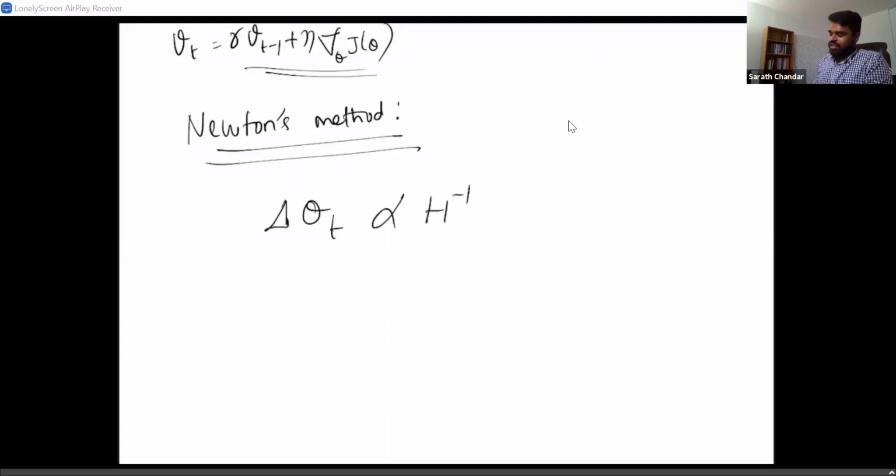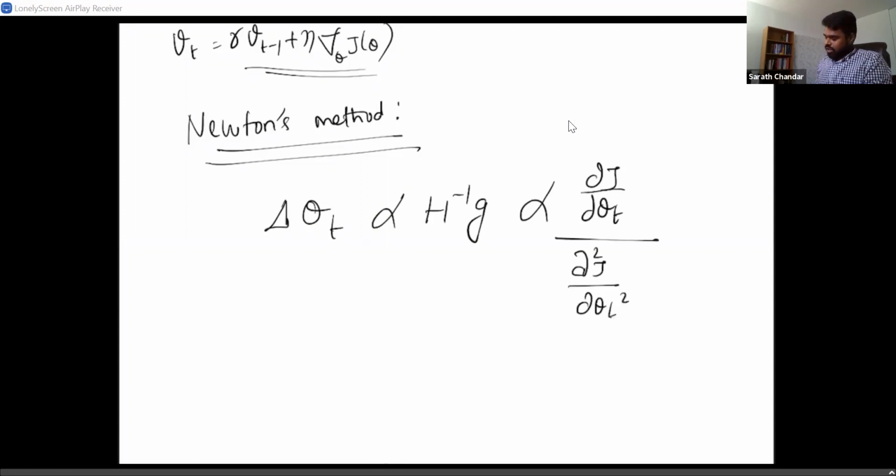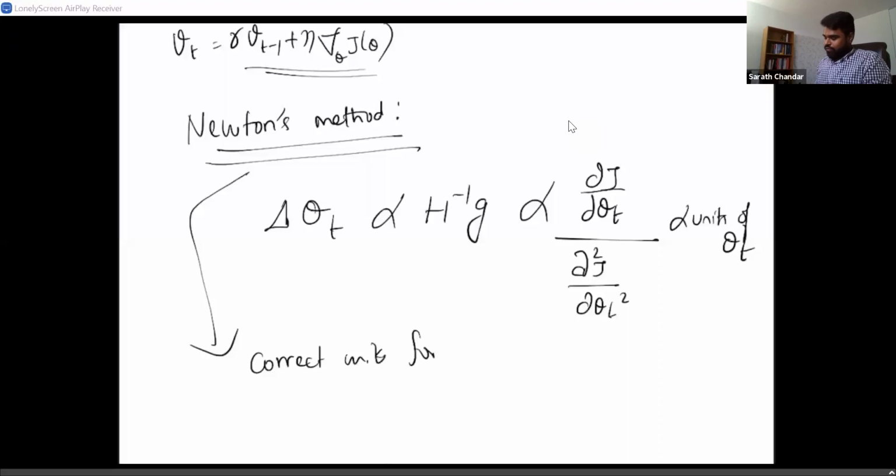It was actually the Hessian inverse times g, where this is dou J by dou theta t divided by dou square J by dou theta t square. That is the Hessian. So now you can see that this is roughly proportional to the units of theta t. So Newton's method actually has correct units for parameter updates.